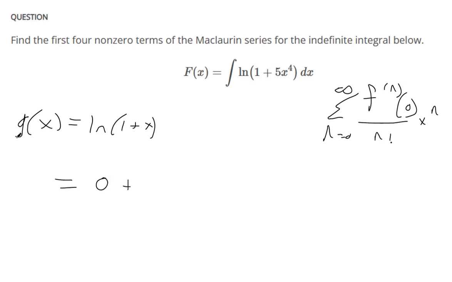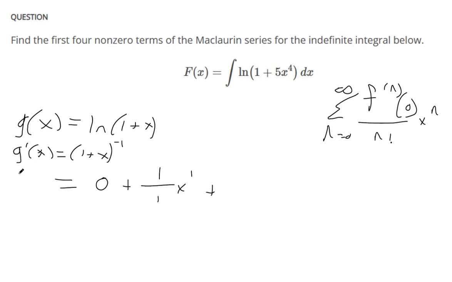But the second term, the derivative, is 1 over x plus 1, or in other words, 1 plus x to the negative first. If I plug in 0, I get 1, and 1 factorial is 1, and then it's x to the first.